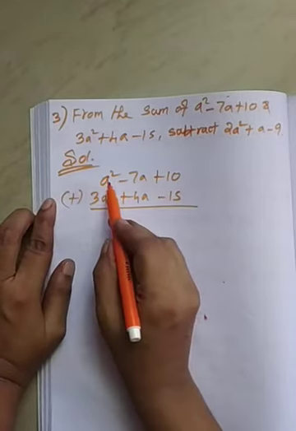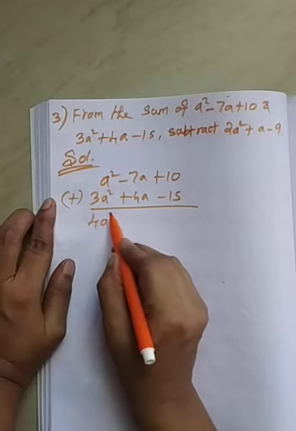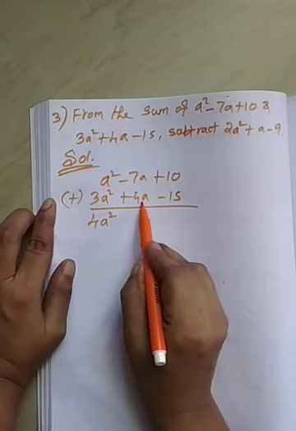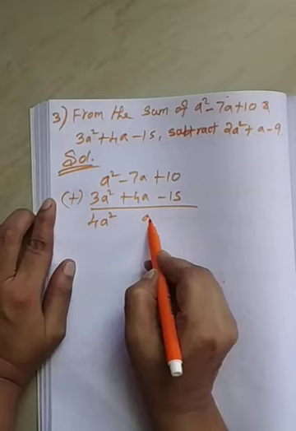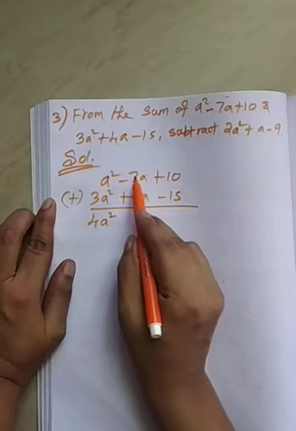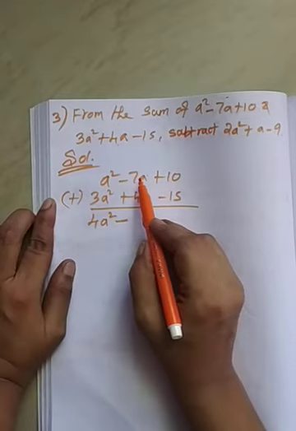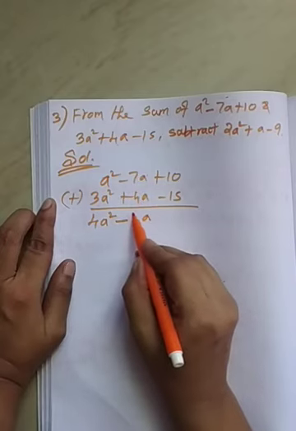See here, a squared plus 3a squared. What is that? 4a squared. Next, minus 7a plus 4a. See here, a is the common. Which value is largest? 7, and that sign you have to put here. Now subtract the largest value minus the smallest value. What is 7 minus 4? 3.